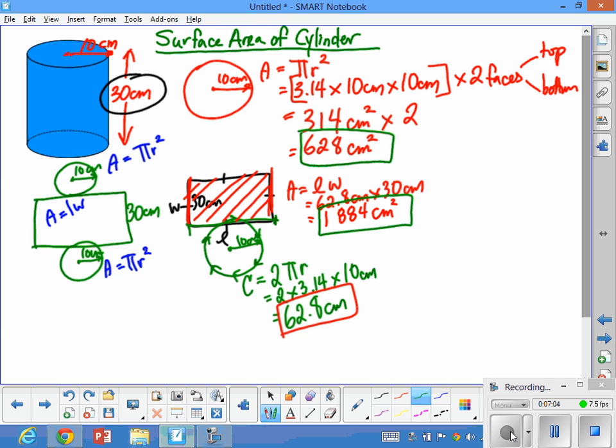At this point, we can calculate total surface area by adding these two together.